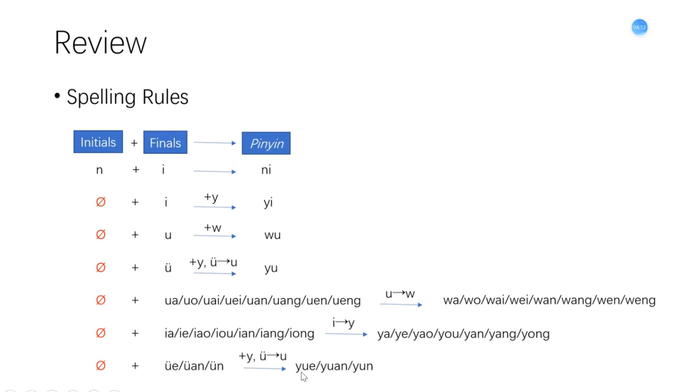And this Y is just a writing symbol, similar to the previous writing rule, for no initial plus Ü. This letter U looks like a U, but actually it is Ü. So this could be confusing. Don't forget this, okay? So these are the two spelling rules in lesson 3.